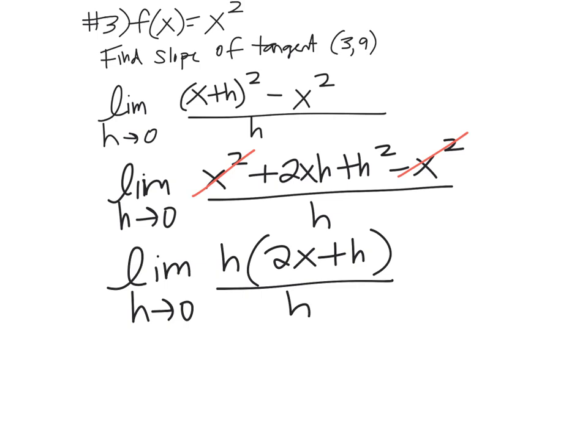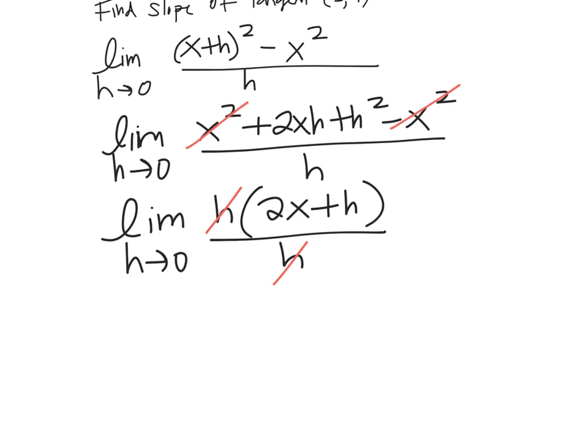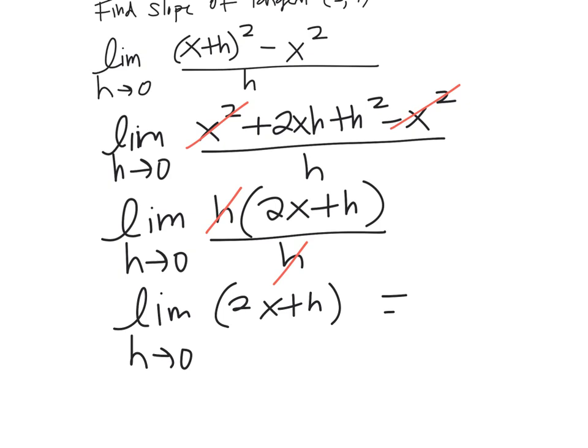Is everyone okay with the algebra there? Yeah, you're good at algebra. And then now the h is reduced, getting rid of that problem when I was plugging 0 in. And now I'm going to evaluate the limit as h goes to 0 for 2x plus h. So I plug 0 in, and I get 2x.